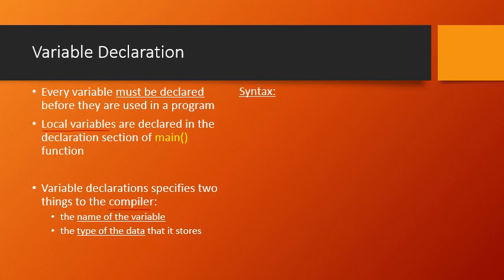So the syntax. Here we come across a new word called syntax. I will explain what syntax is in a later session. The syntax is: data type var1, var2, ..., var_n and a semicolon. In simple terms, a syntax means the rules of writing a statement in a given program.